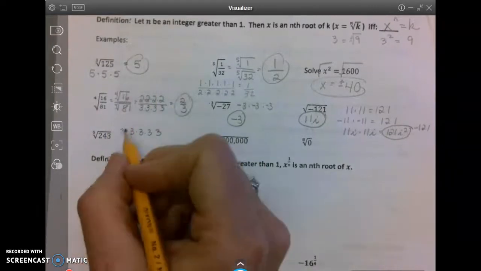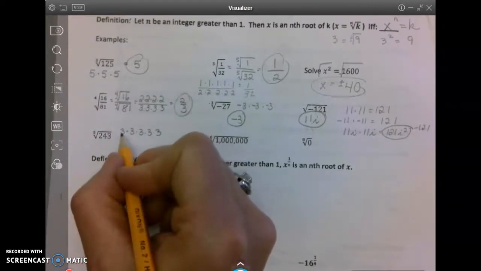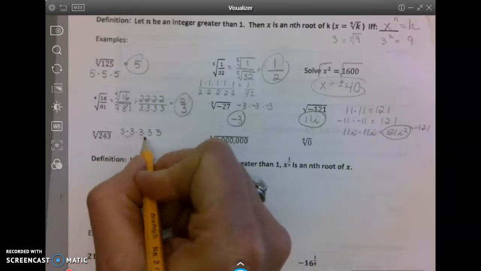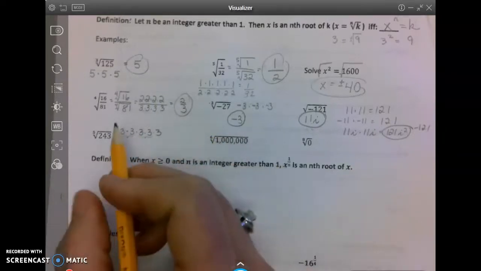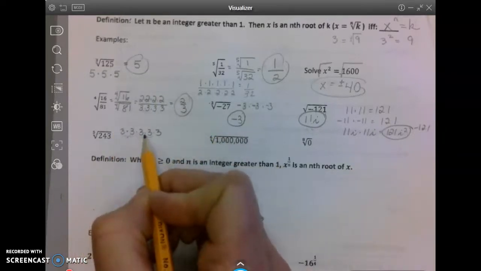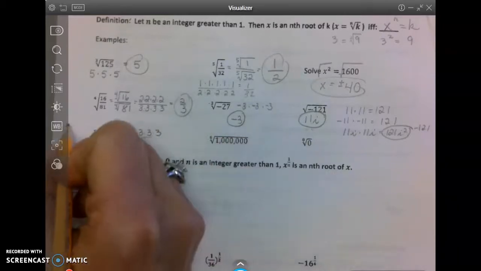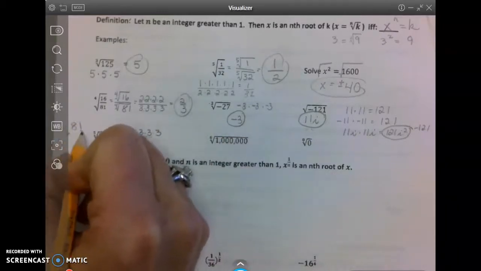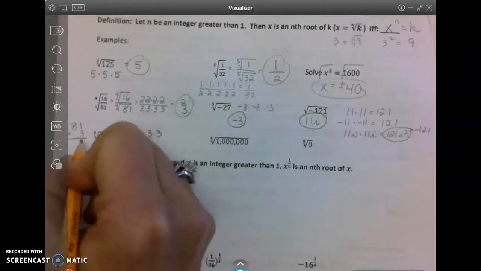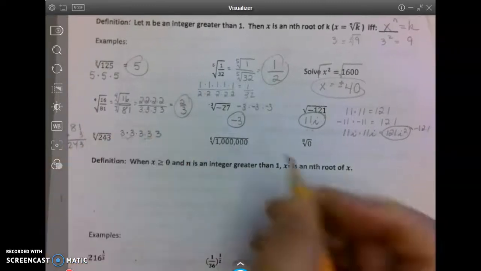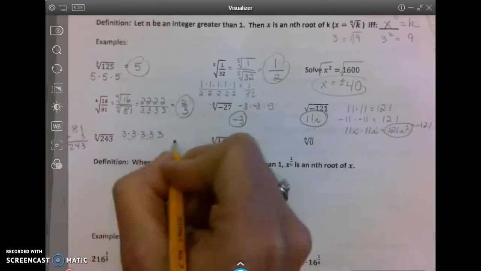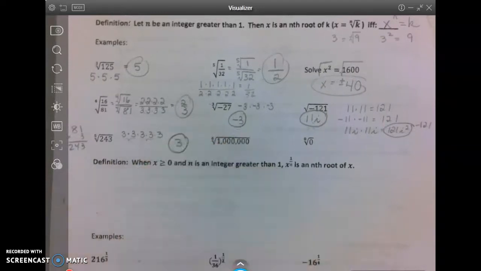These are supposed to be non-calculator problems. I know that this right here is 9, and this right here is 9, and 9 times 9 is 81. And then I've got to ask myself, what's 81 times 3? 243. Oh, that gives it to me. There you go. So my answer here is 3.